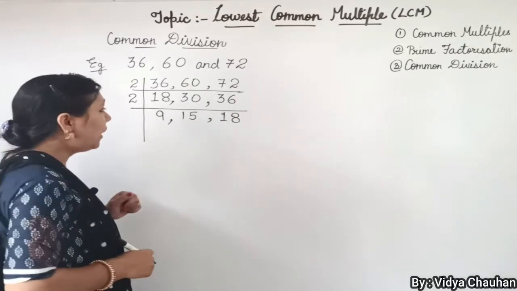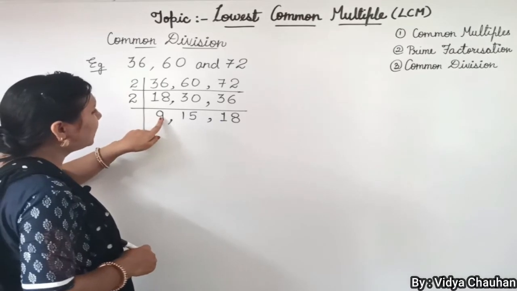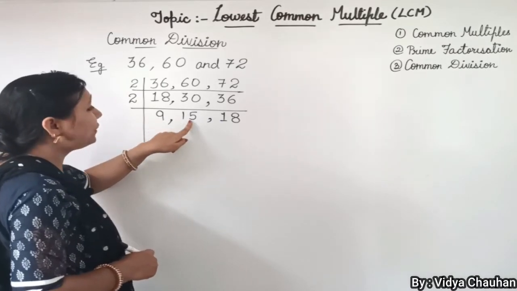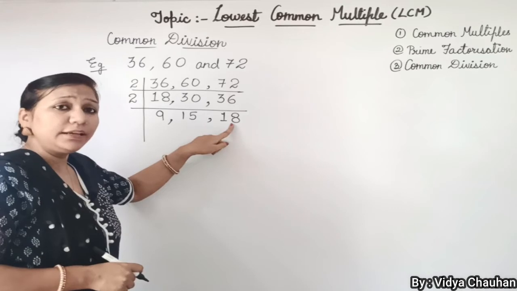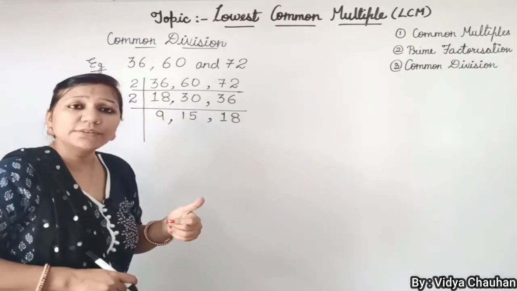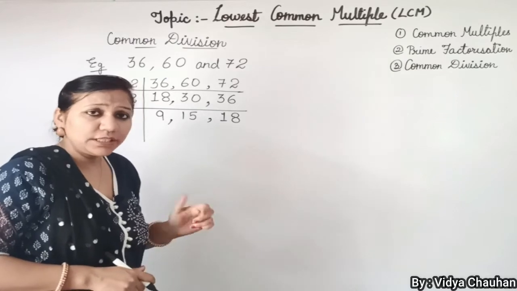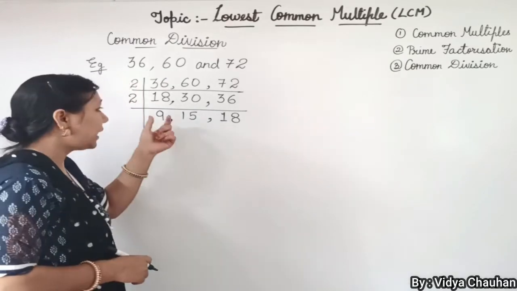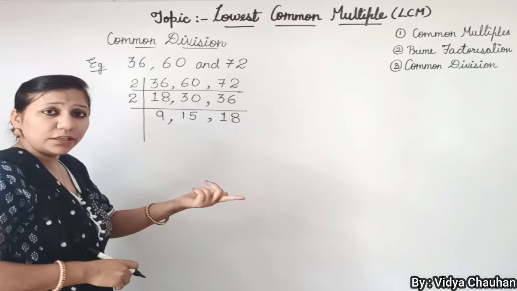Clear? Now as you can see, 9 and 15 become odd and 18 is still even. That means now these 3 numbers are not divisible by 2, because 9 and 15 are odd values now.